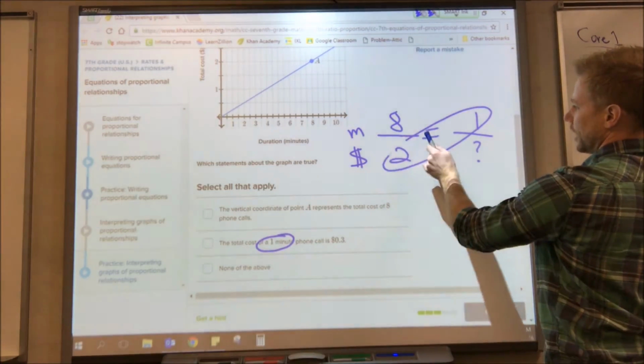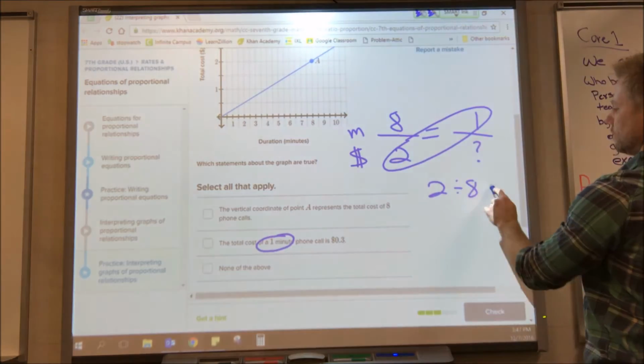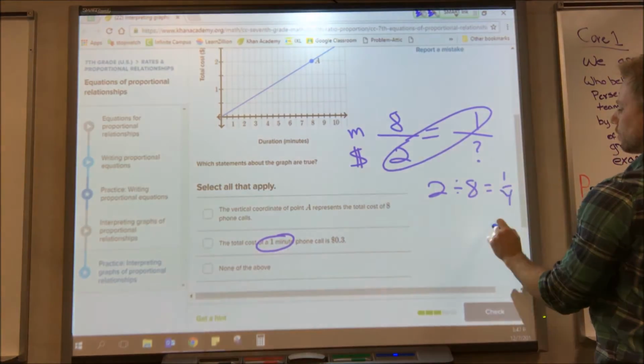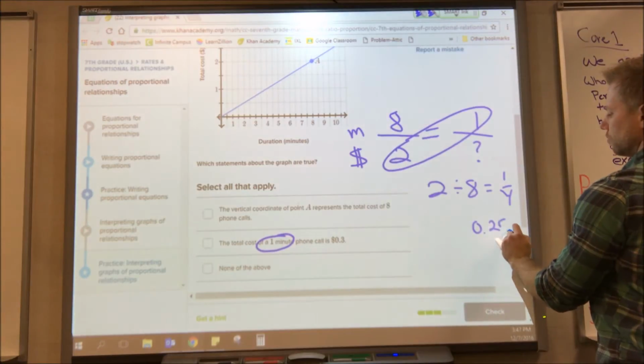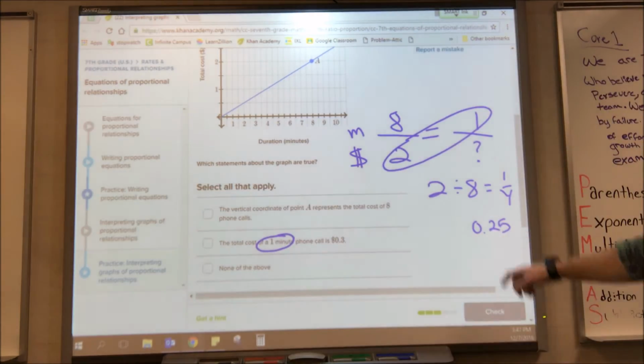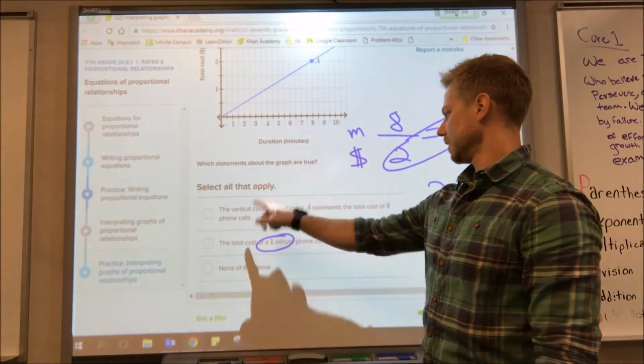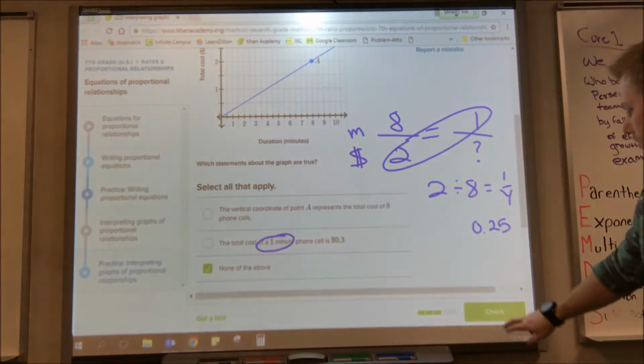Cross multiply, divide. 2 times 1 is 2. 2 divided by 8 is 1/4, which would be 0.25. So is it 30 cents for 1 minute? No, it's actually 25 cents. So it would not be that one, and it would not be that one. It'd be none of these.